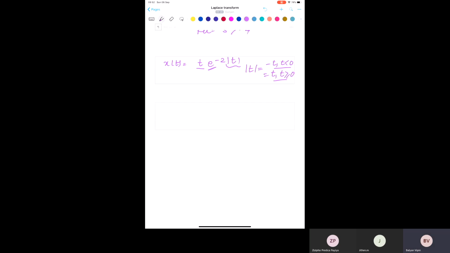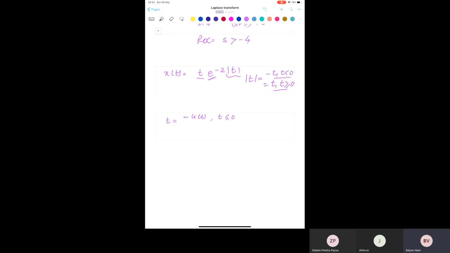If I want to be more explainable in terms of unit step, I can write it like this: mod t is basically equal to minus t for t less than 0, or t when t is greater than or equal to 0.